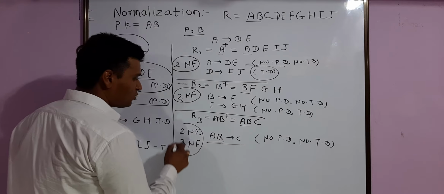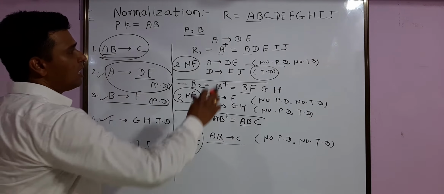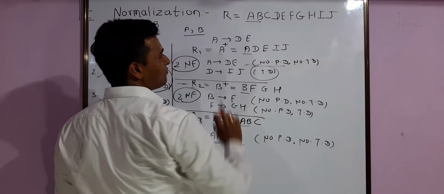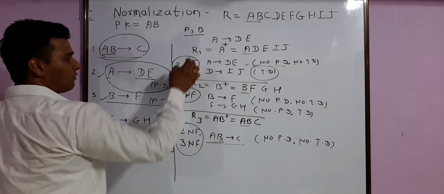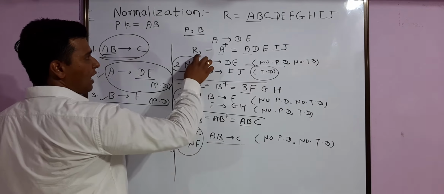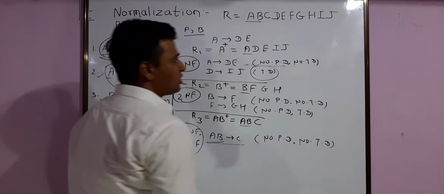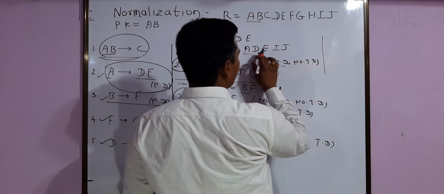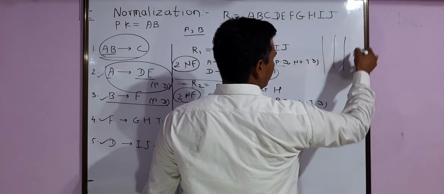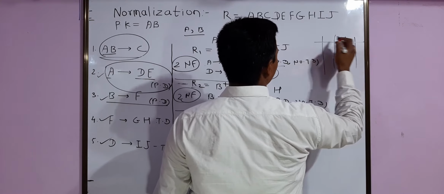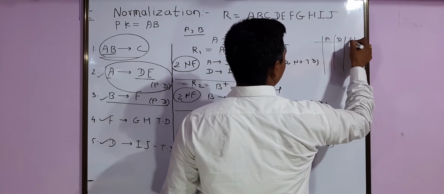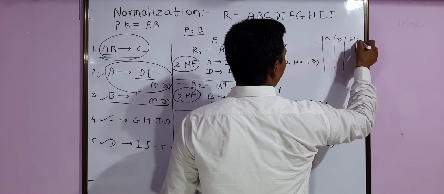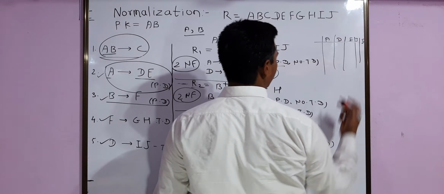Okay, so in this way we have decomposed relation R(A, B, C, D, E, F, G, H, I, J) into three tables, those are R1, R2 and R3. So the R1 relation consists of how many attributes? 1, 2, 3, 4, 5 attributes. So you are getting 5 attributes: A, D, E, I, and then J. Okay, so 5 attributes.